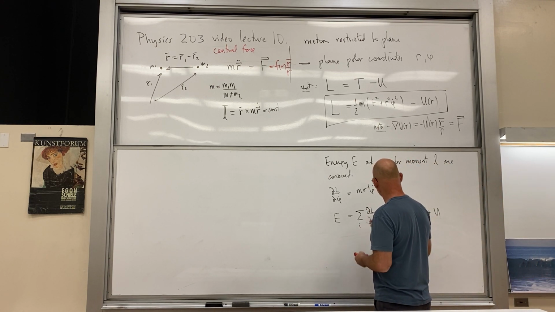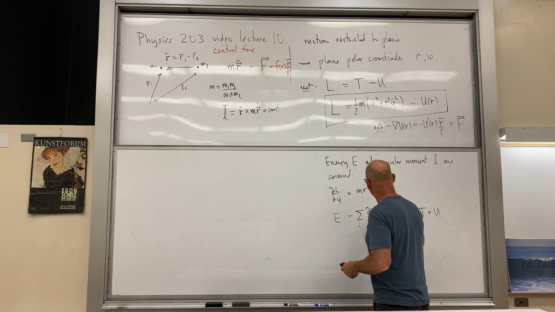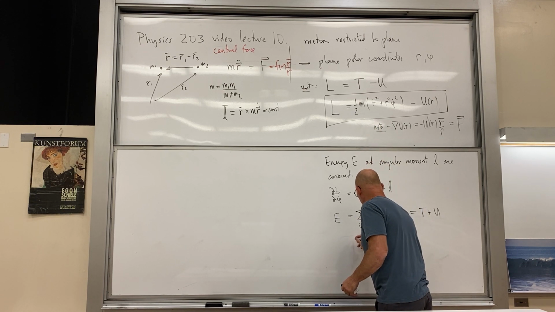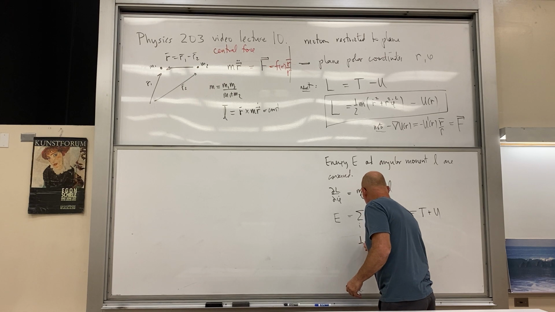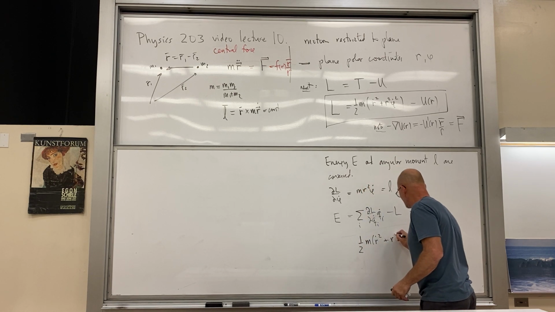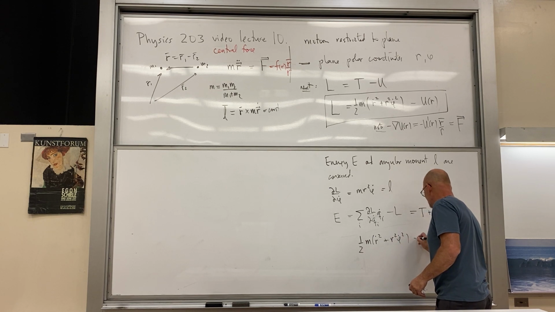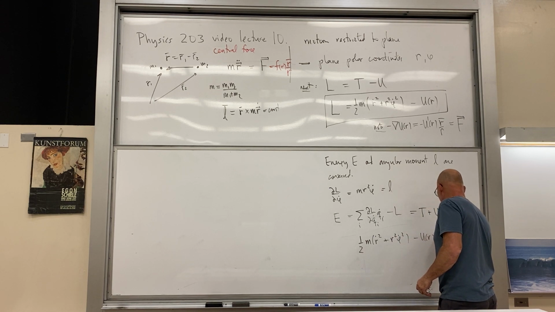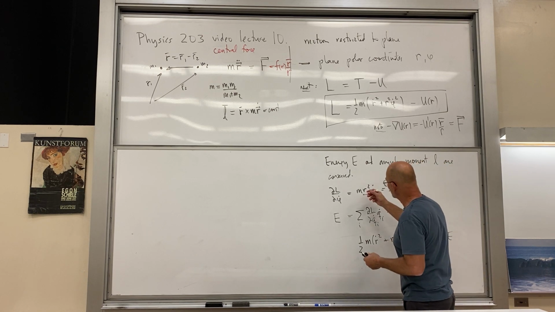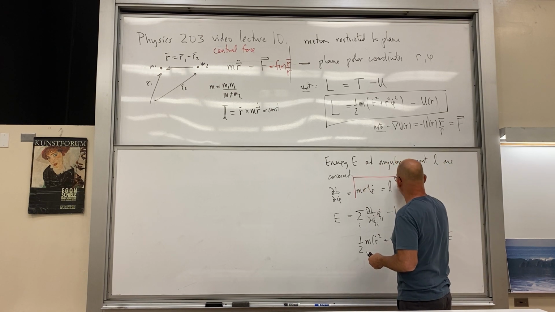I'm going to put these both in a red box. So we have T minus U for the Lagrangian, so E is T plus U. So we have 1/2 m times r dot squared plus r squared phi dot squared, plus U of r, is equal to E. So these are our two conserved quantities.